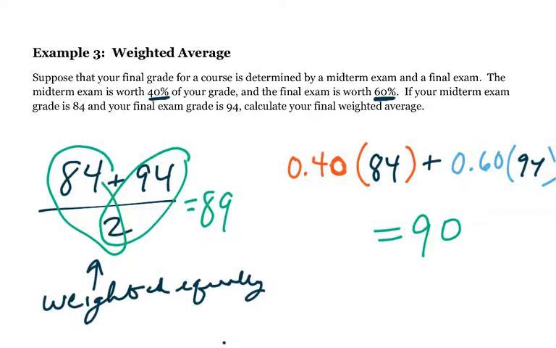So those are technically weighted with every piece being equally weighted at 50%. So instead of dividing by a certain value for the weighted total, we just multiply by that percentage, and it gives us the same process.